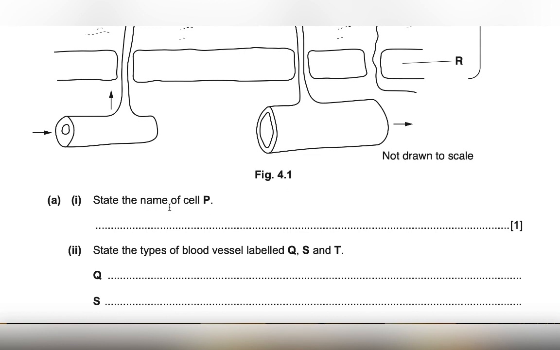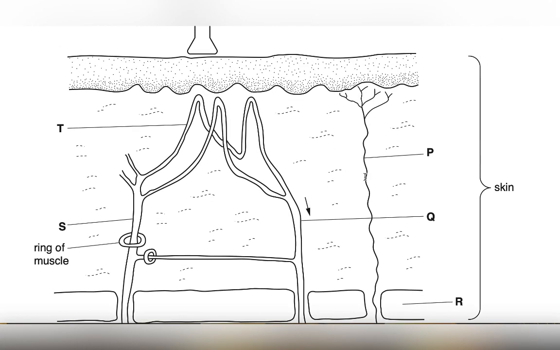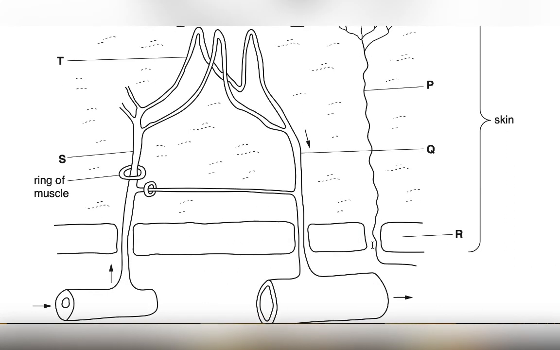Say, state the name of cell P. Okay, take a look at this. This is a sensory neuron. You remember, right? P is a sensory neuron. If you ever see the diagram of the sensory neuron, you see, P is a sensory neuron.